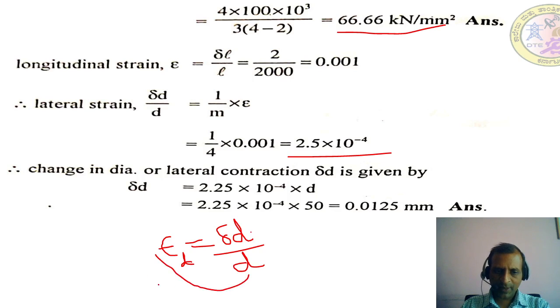So this is epsilon D into D. So that's 2.5 into 10 to the power of minus 4 into 50. So you will get the answer as 0.0125 mm. This is the change in the diameter or lateral contraction delta D. So this is the bulk modulus, this is the lateral strain, and this is the change in the lateral dimension, that is delta D.